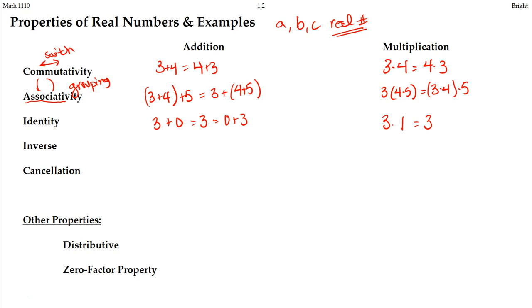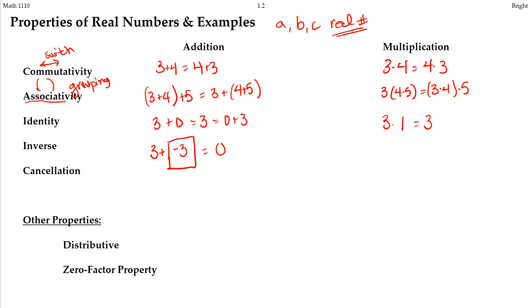The language of inverse is a little different. For inverse, what that's saying is, if I start with 3, what do I need to add in order to get to the additive identity, 0? What do I need to add to 3 to get to 0? Well, we know that's the opposite of 3, or some of us might call that negative 3.